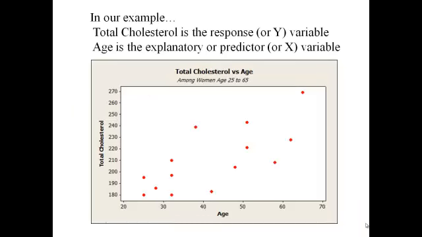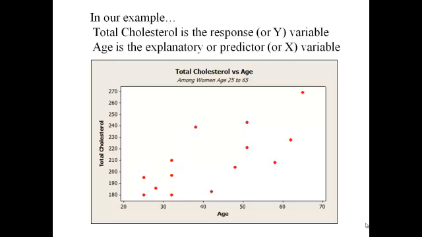So total cholesterol is our response variable, sometimes called the y variable, and age is the explanatory or predictor variable, sometimes called the x variable, because we're interested in understanding the relationship between age and cholesterol, and whether I can predict total cholesterol as a function of age, not the other way around. I'm probably not interested in predicting somebody's age given their cholesterol, but if I know age, I might be interested in predicting total cholesterol.